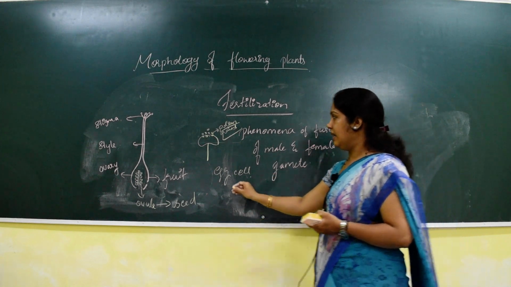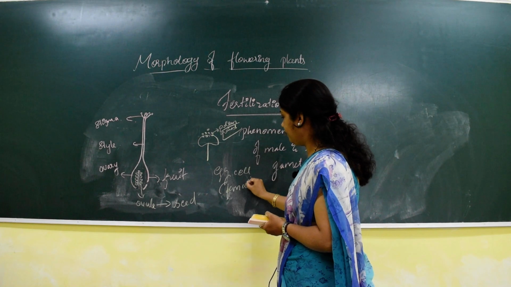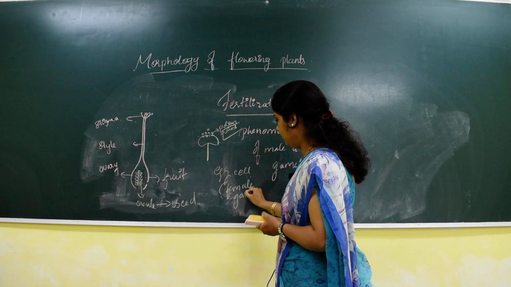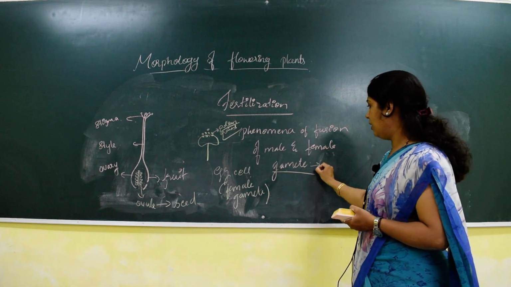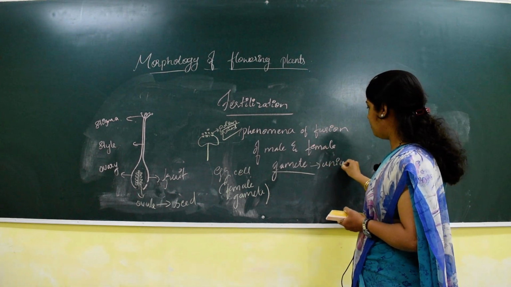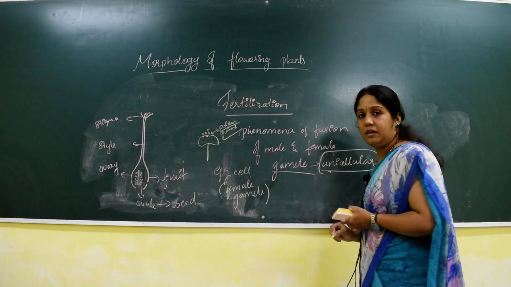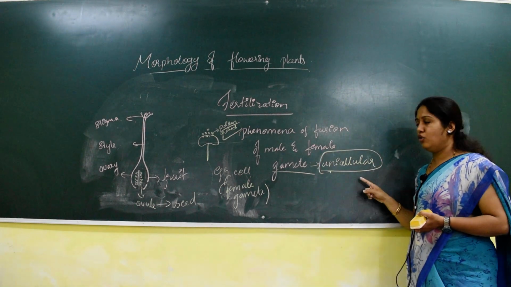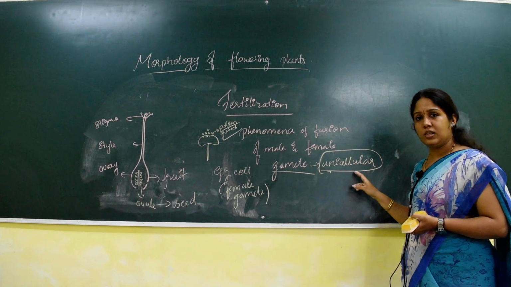This egg cell is a female gamete. So remember, always the gametes, they are unicellular, they are not multicellular. Means we can't see them with our naked eye. All the gametes are unicellular.